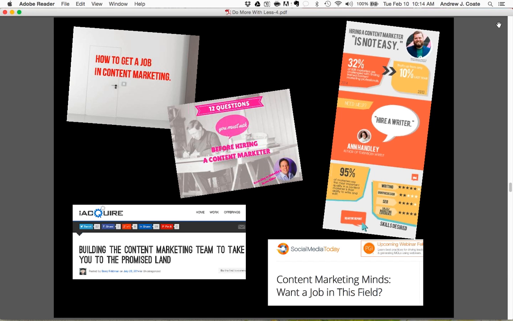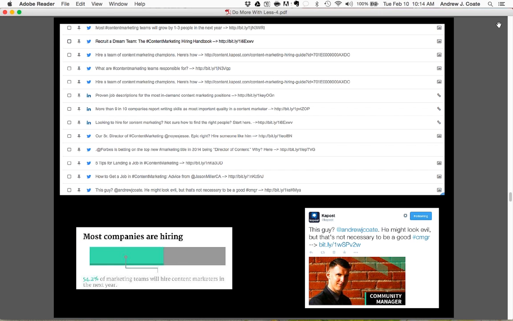So you see there's another infographic here. That's Jesse Noyes up there in the corner, Senior Director of Content Marketing here at Kapost. And then we saw a few different ways to phrase this question. There's talking about the topic, which is hiring, and then there's talking about actually getting hired.